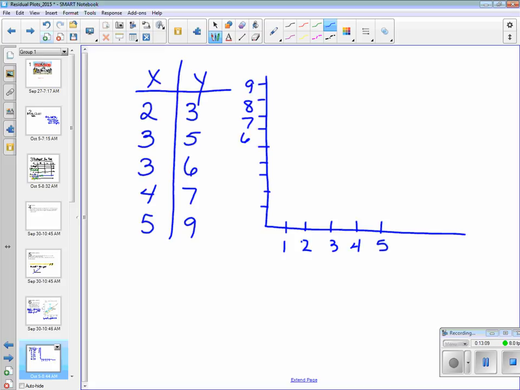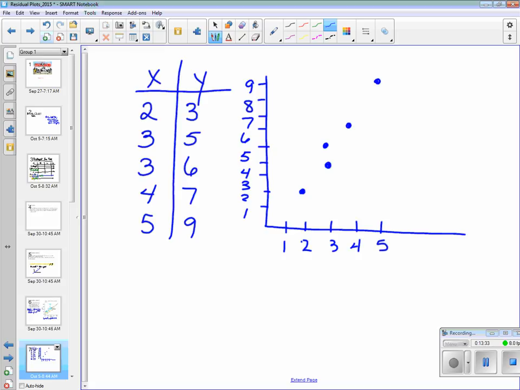We're just going to graph a scatter plot right now. So I'm going to actually do that. We're going to graph the (2, 3), the (3, 5), the (4, 7), the (5, 9).